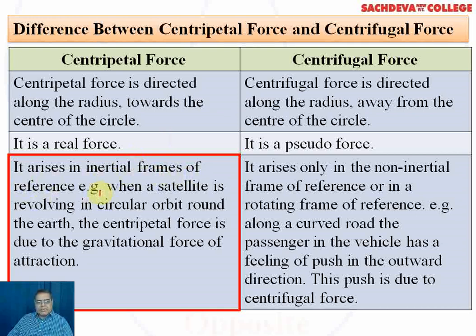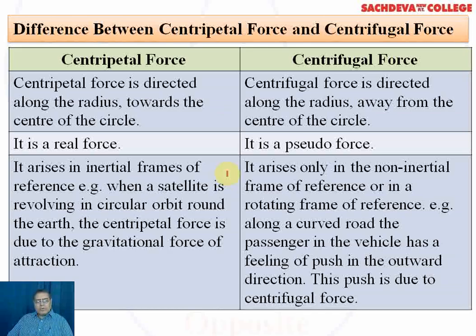When a satellite is revolving in a circular orbit around the Earth, the centripetal force is provided by the gravitational force of attraction. Similarly, when an electron is revolving around the nucleus, the centripetal force is provided by the electrical force of attraction between the nucleus and electron.